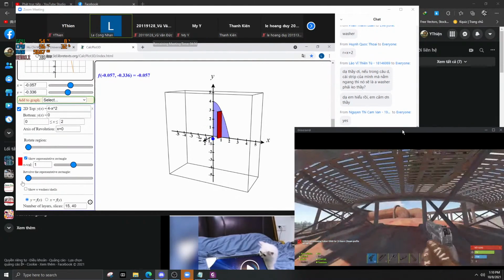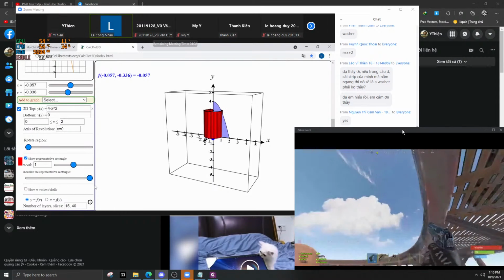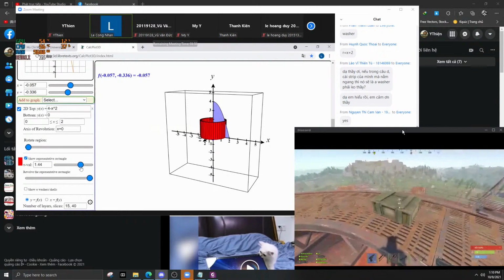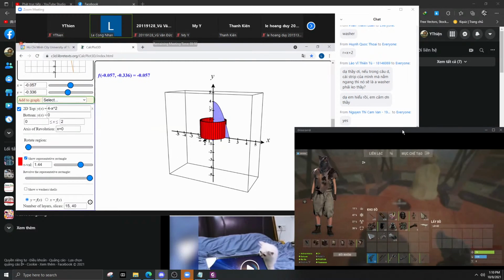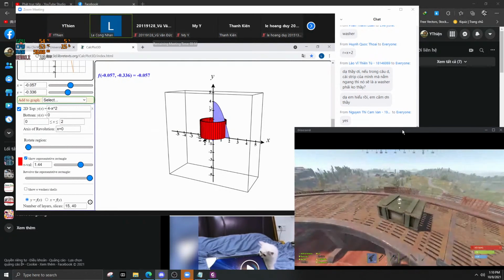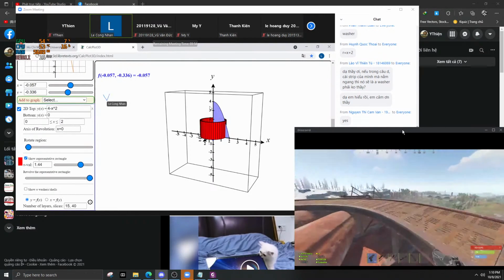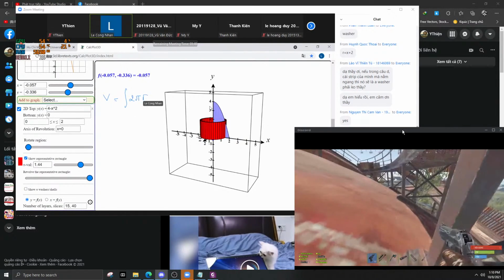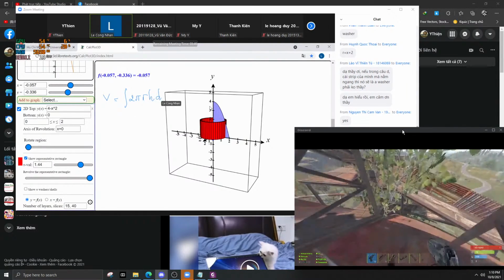So what do we get? We get a shell. So what is the formula of a shell? The volume equals the integral of 2 pi times the radius times the height of the shell times the thickness of the shell.